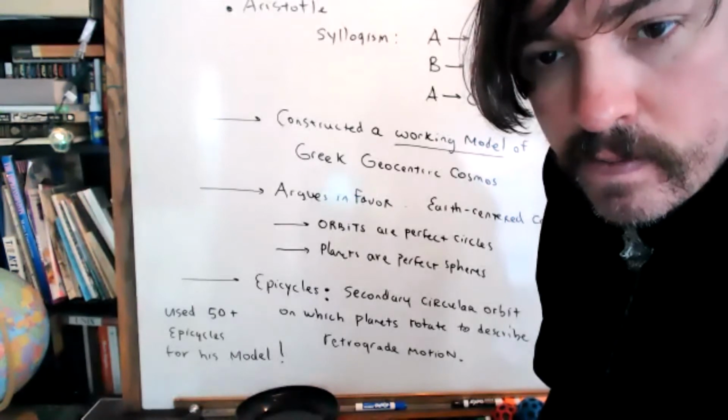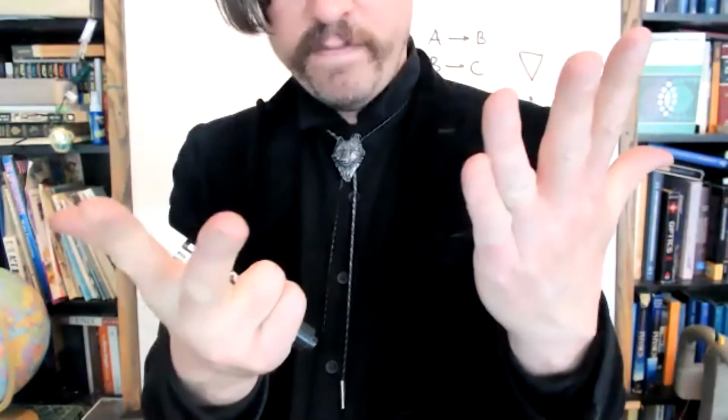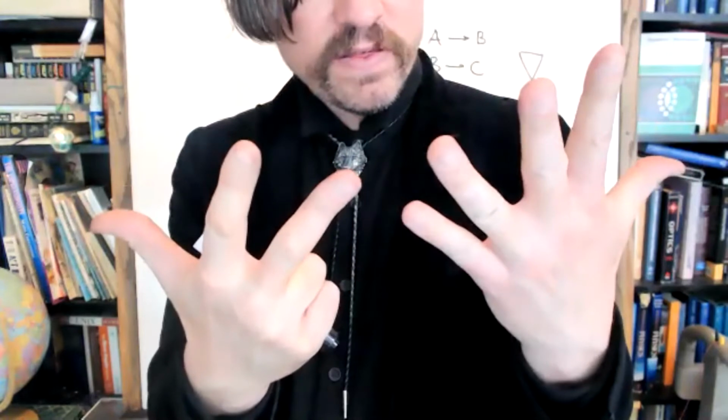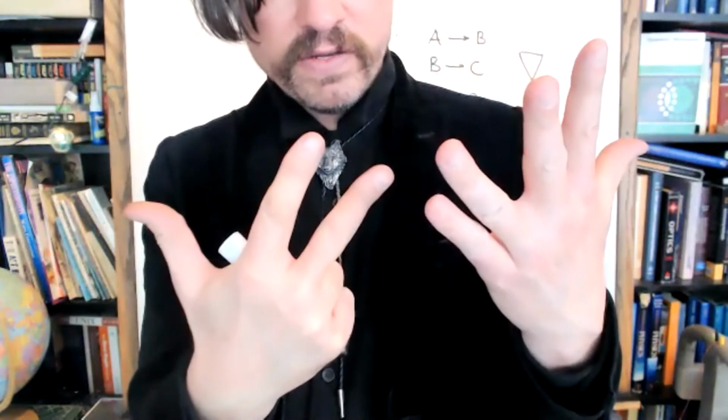Nine? 5 planets, 1 sun, 1 moon, sphere of background stars. So you're pretty close. I'm getting 8. Am I forgetting anything? 5 planets, sun, moon, stars. So 8.